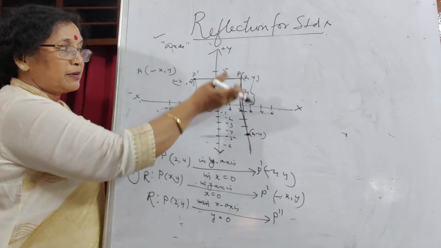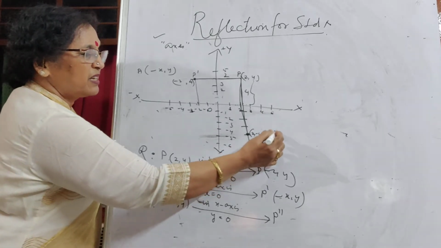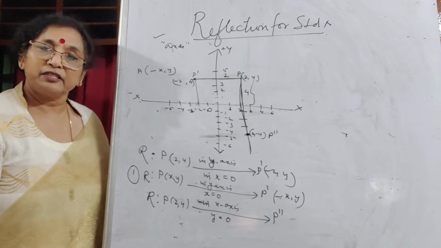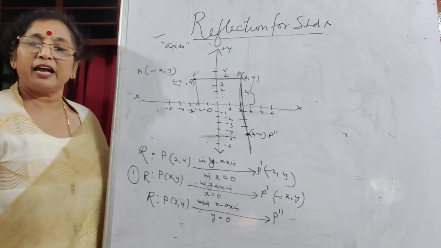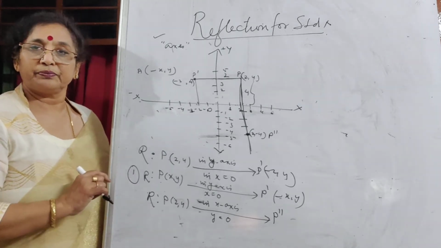So P double dash is on a line parallel to the y-axis. Its equation is x equals 2, because all the x's on P and P double dash will be the same, x equals 2.